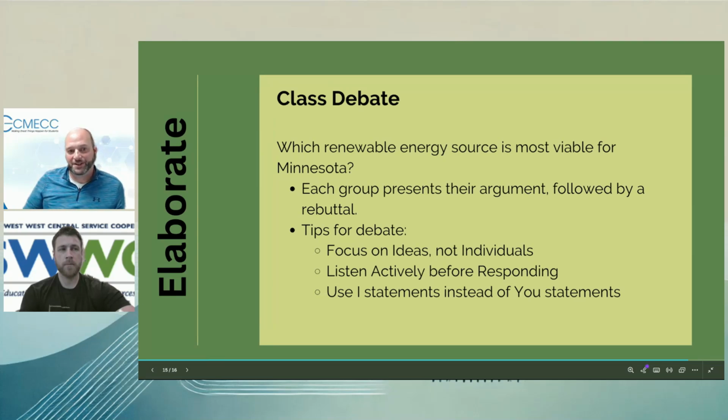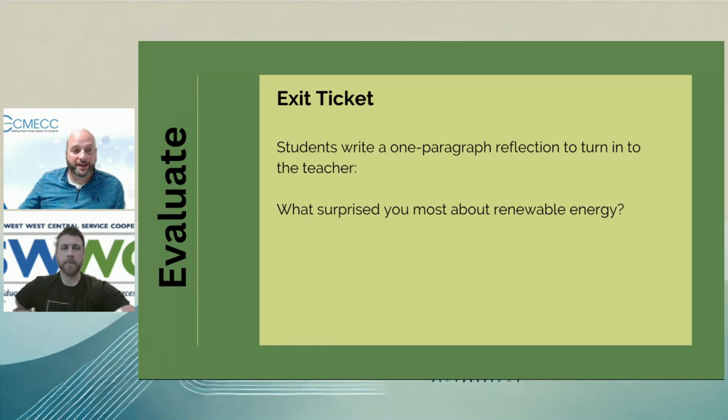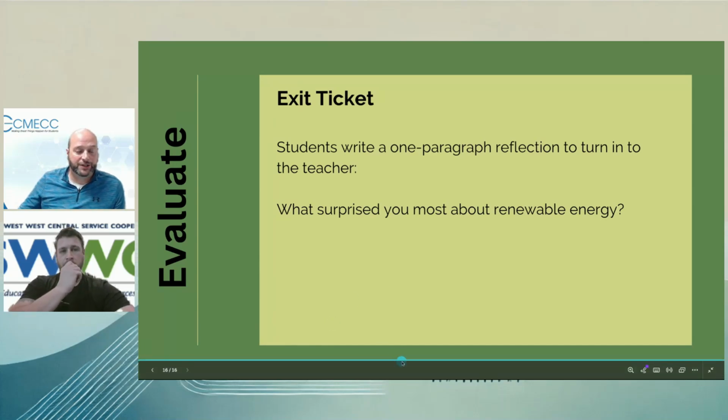So even though this is a very low or no tech activity, it's still okay as the teacher to ask AI for ideas to help keep it low tech, which I think it did a really good job of. This lesson also ends with an exit ticket, but this time students turn in their results and reflections on paper to the teacher as they leave.